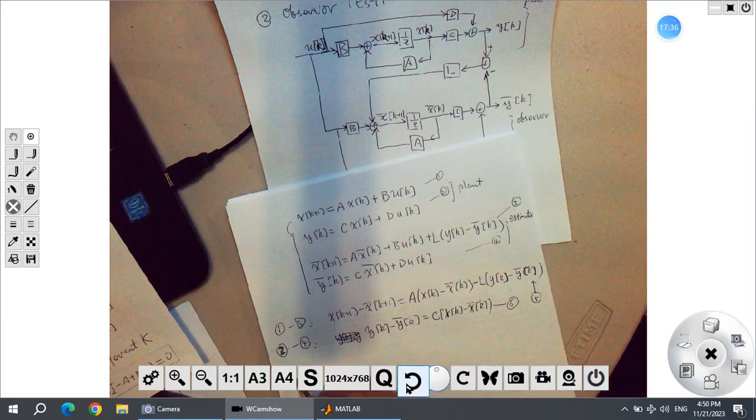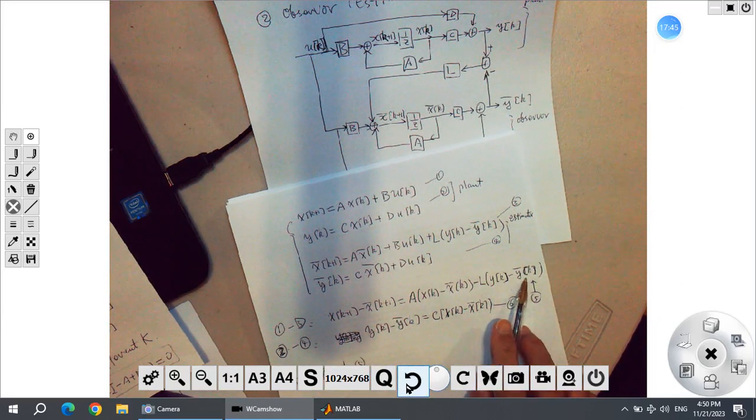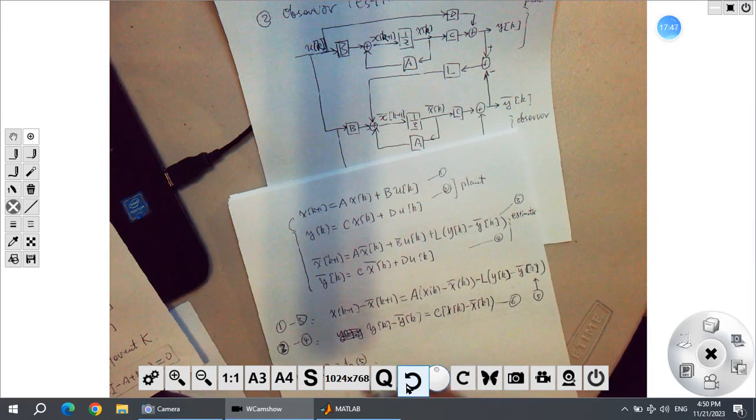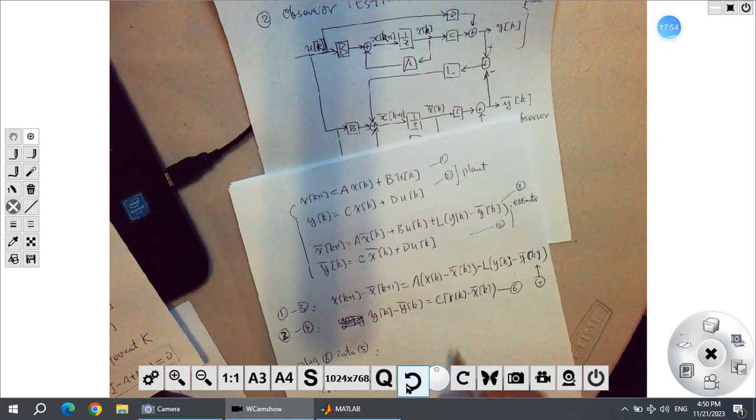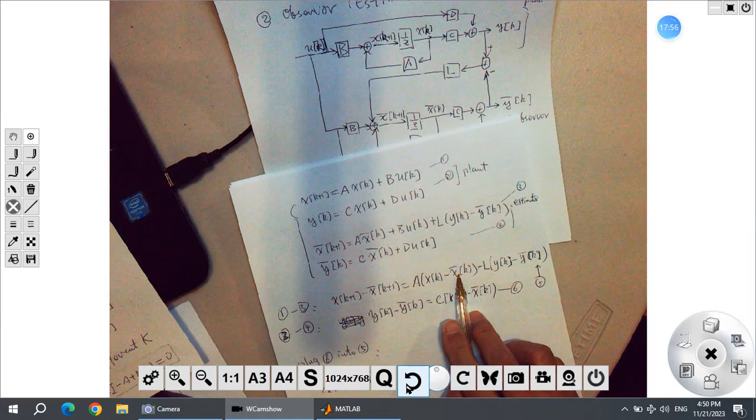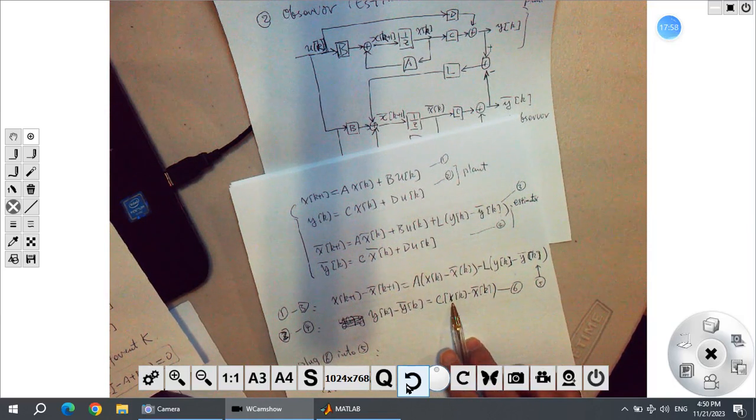Okay, plug 6 into 5. Right. Replace this y by this one. Then we have x of k plus 1 minus x bar of k plus 1, and this side we have x k minus x bar k, and here's another x k minus x bar k.